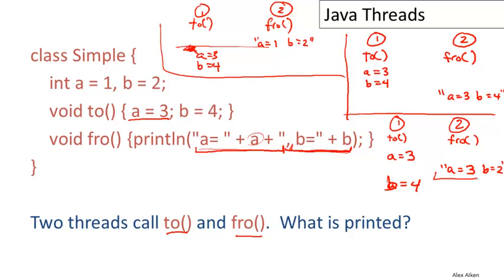And so here we got an output that doesn't seem quite right. Here we were able to see an intermediate state where thread 1 had only executed partially. And so what came out in fro showed just a partial update of the variables a and b. So one had been written but not the other.